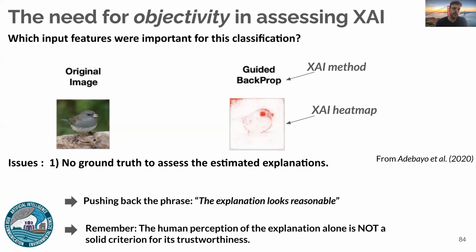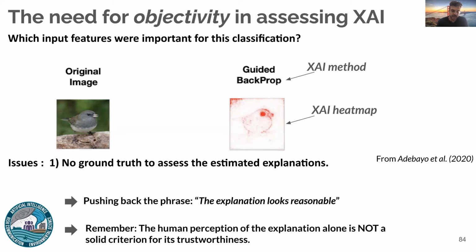If you think about it, we don't know that, because we cannot practically see the thousands of images that the network was trained on. And even if one could say, well, it looks reasonable, the eye of the bird and the edge of the bird could be a determining factor, I will push back on that argument too, because the human perception of the explanation is not a solid criterion.